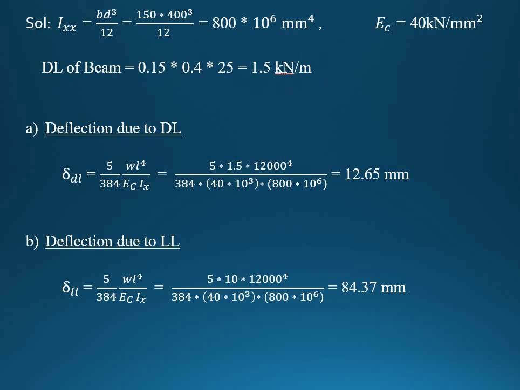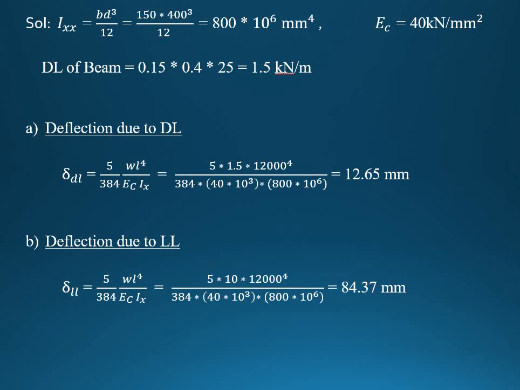So the 10 power 3 gets cancelled. So the remaining value will be 5 into 1.5 into length, which is 12 meter, converted into mm, so 12,000 power 4 by 384 into EC value into IX value. We will get deflection due to dead load as 12.65 mm.